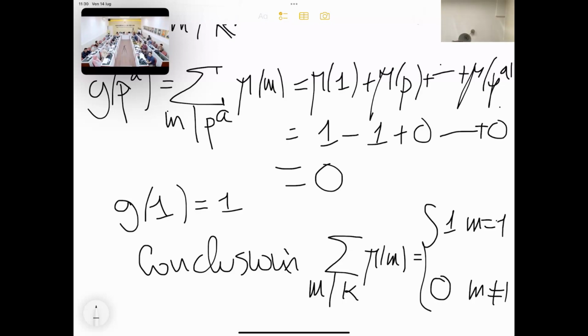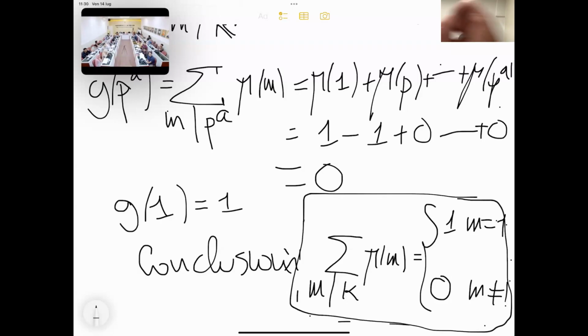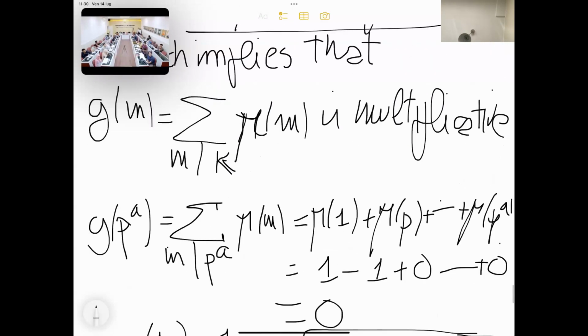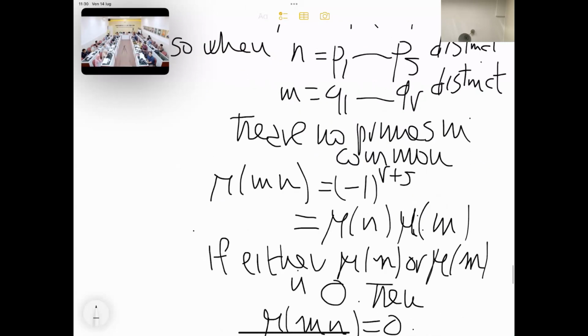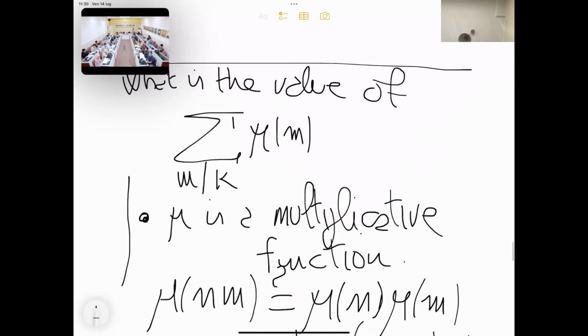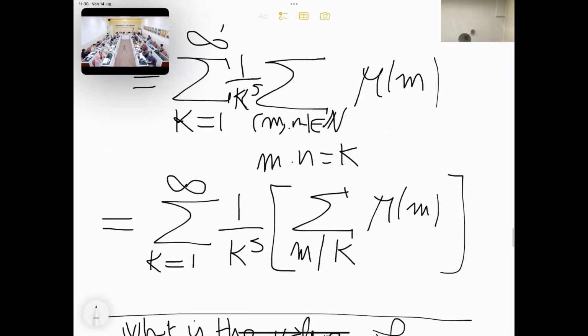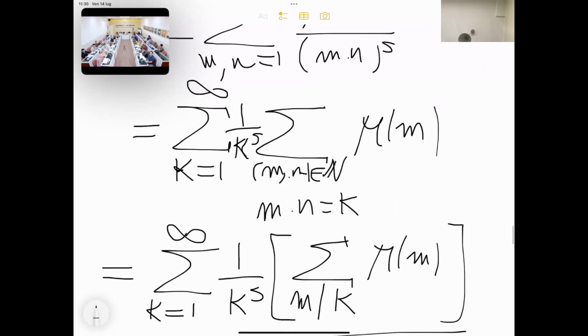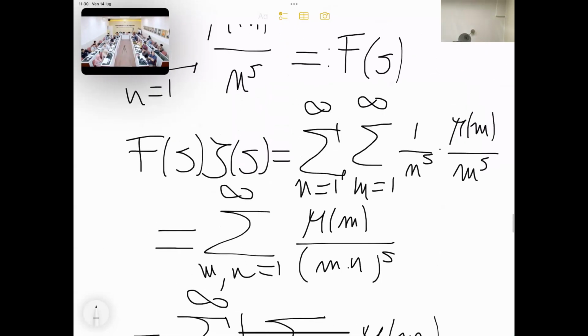Okay, so let's go up to check where we needed to make this calculation above.